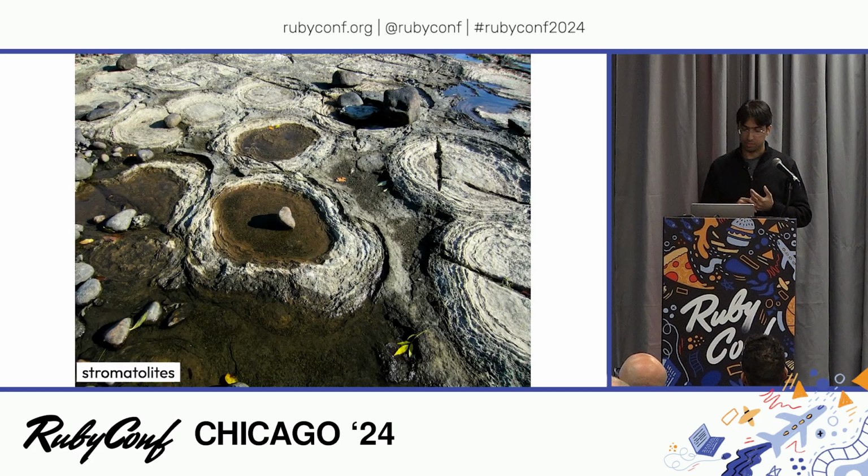This is a picture that my wife actually took on the Ottawa River, close to where I live in Canada. And these are stromatolites. These are remains of the first living organisms on Earth. They're called cyanobacteria. They're little single-celled organisms, and what they do is they take carbon dioxide and water, mix that with a reaction called photosynthesis.